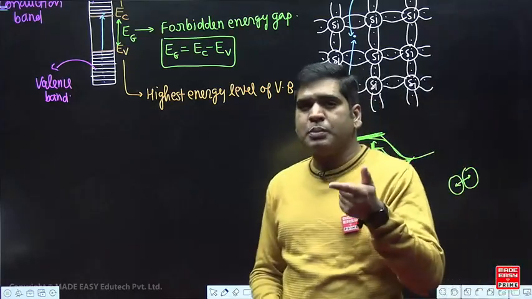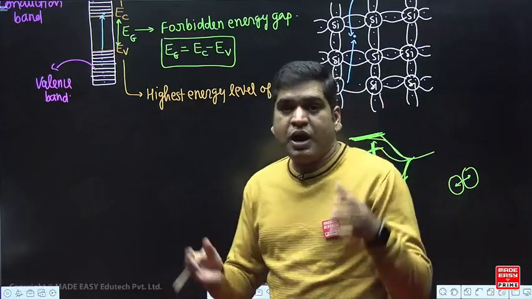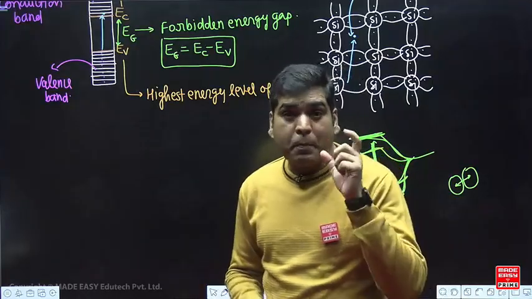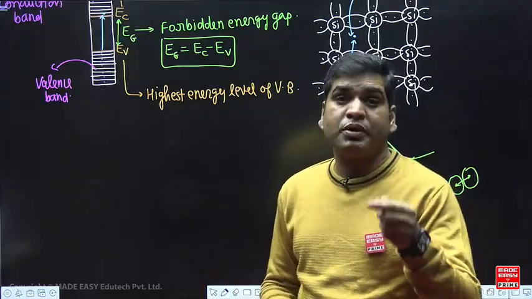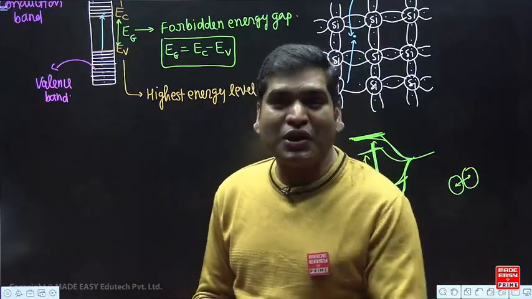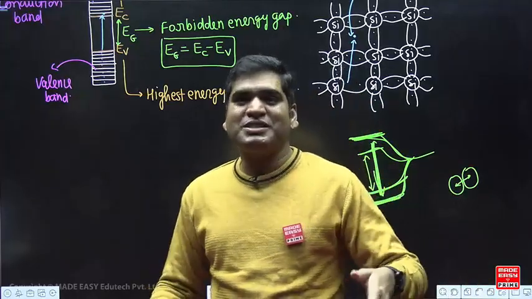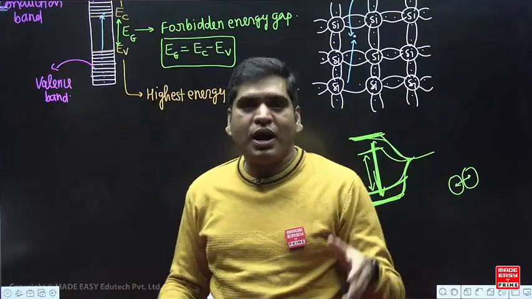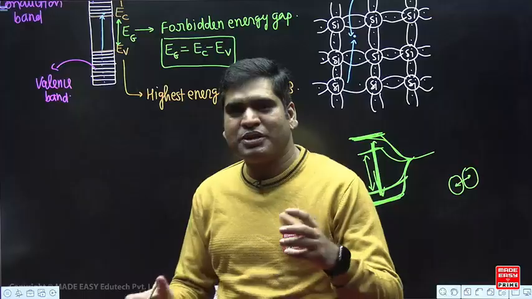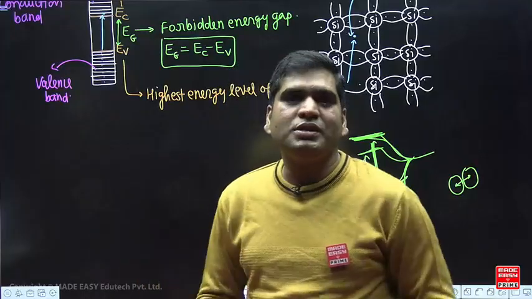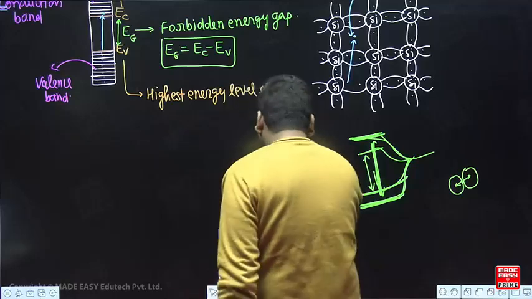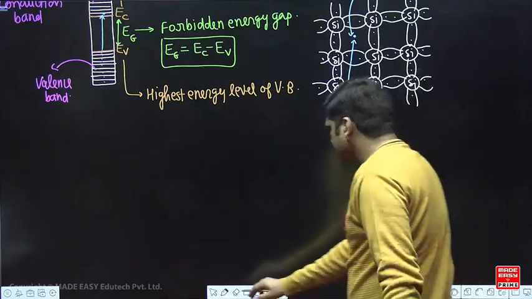So the stronger the bond, the wider the band gap, and the weaker the bond, the narrower the band gap. So the band gap of the material depends upon the strength of the bond. I told you the ionic bond is the strongest one. It means in ionic materials you have a wide band gap, and the metallic bond is the weakest one, so there is a high probability that in the metallic bond the gap will be least. So you can write: band gap depends upon the strength of bonding.